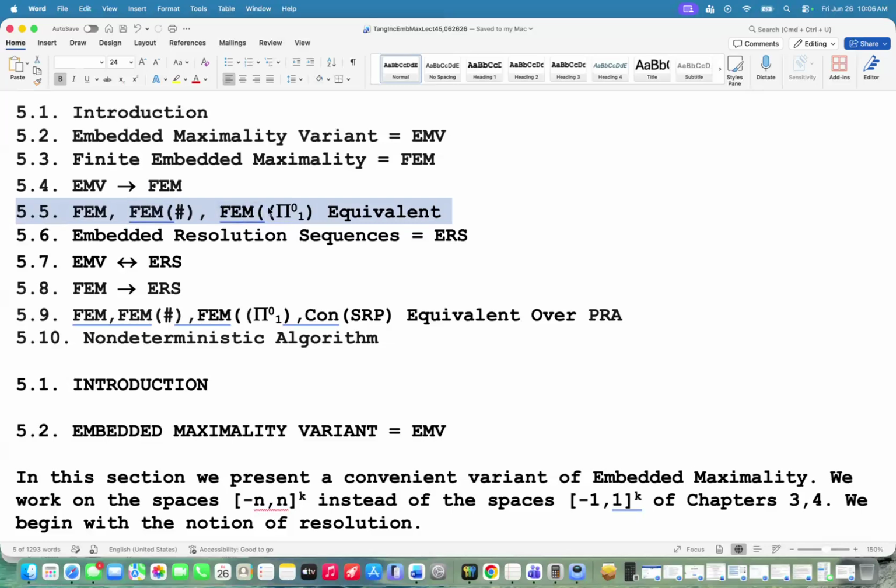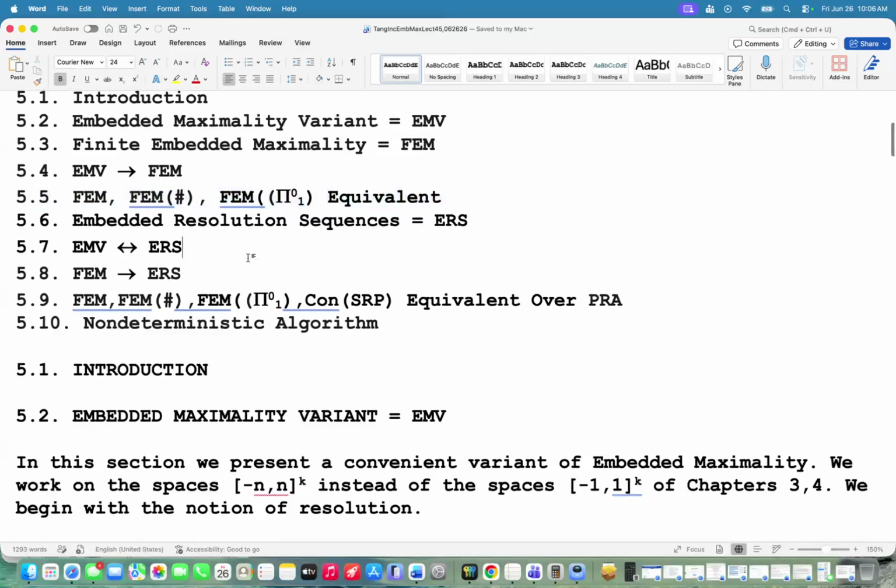So I want to show that all these things are strong. So I develop a thing called embedded resolution sequences. These are approximate forms of EMB, and I call these embedded resolution sequences ERS.